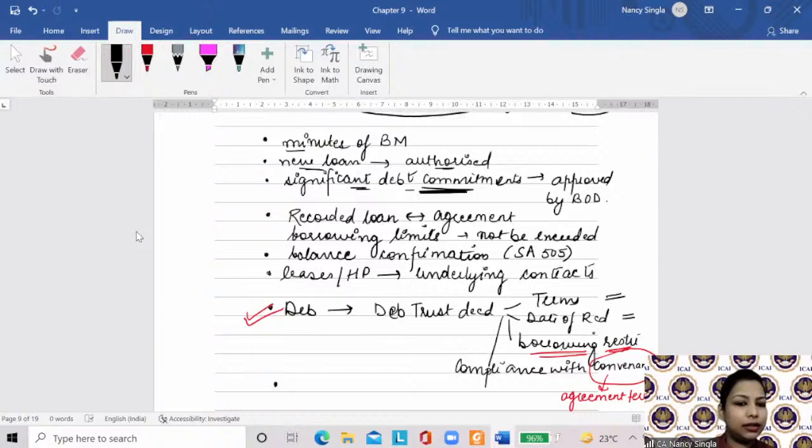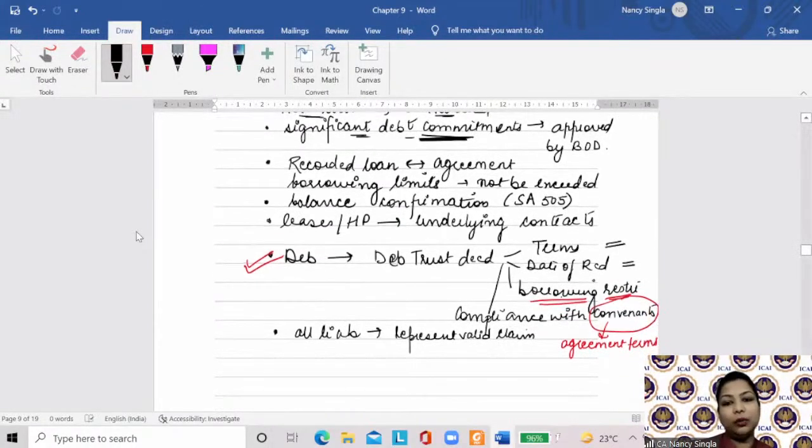Send in your replies. What is my query? That how can I assure that all liabilities that have been shown represent a valid claim? Which SA will I confirm this under?